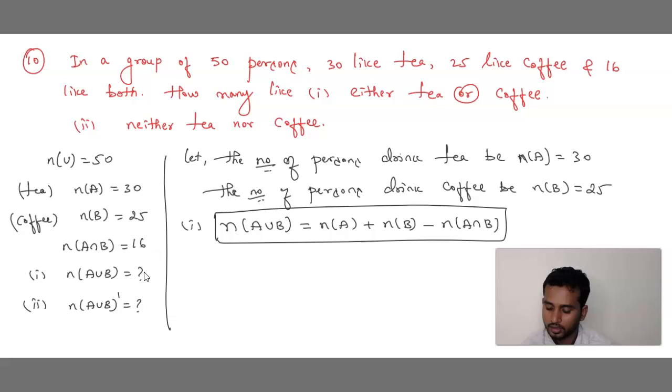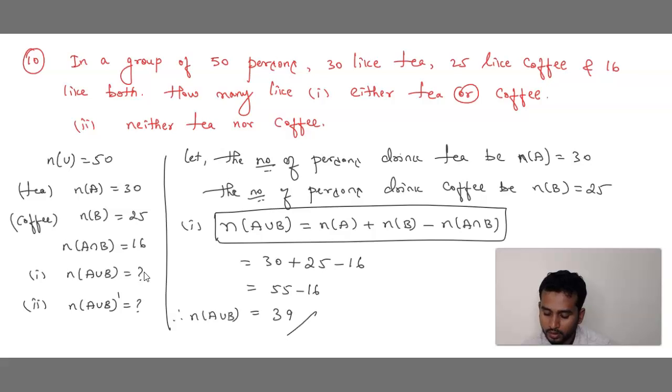Correct? What is n of A? 30. n of B? 25. n of A intersection B? 16. 30 plus 25 is 55. Minus 16: 15 minus 6 is 9, 4 minus 1 is 3. Therefore n of A union B is 39.